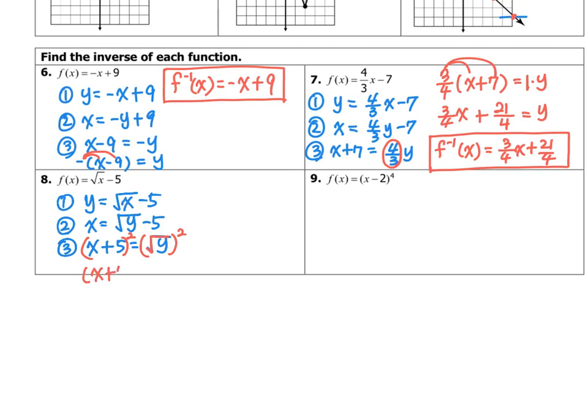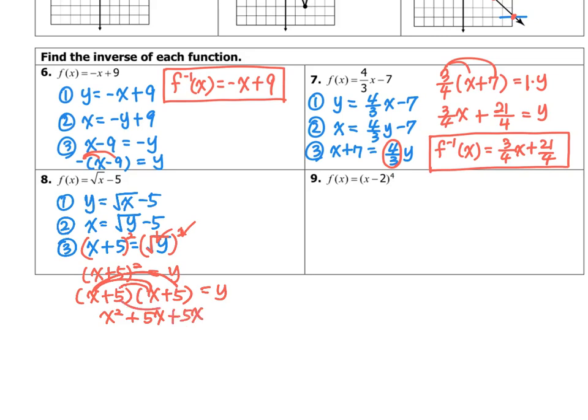So x plus 5 squared equals y, since the square root and the square cancel out. And you remember we need to FOIL x plus 5 times x plus 5. x times x, x squared. 5 times x, 5x, and x times 5, 5x.